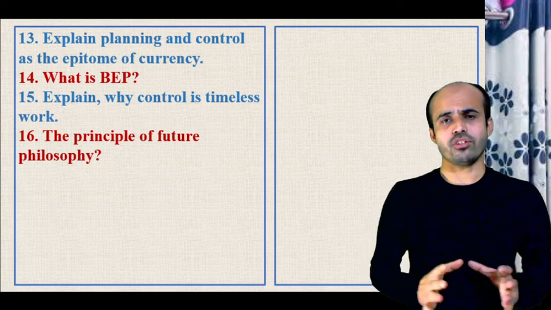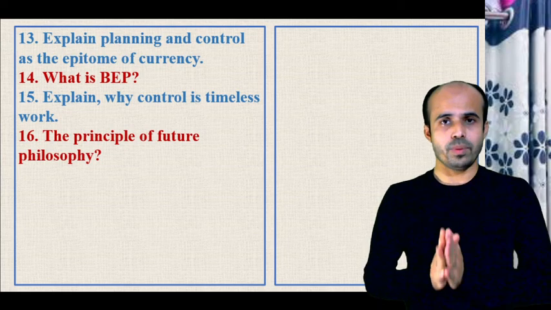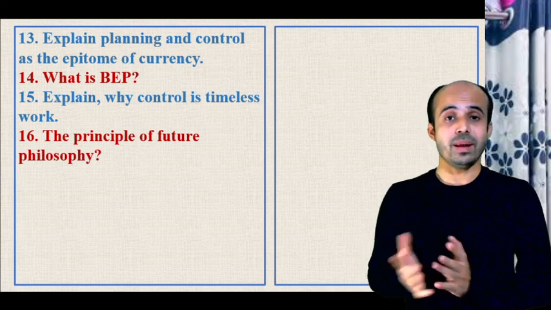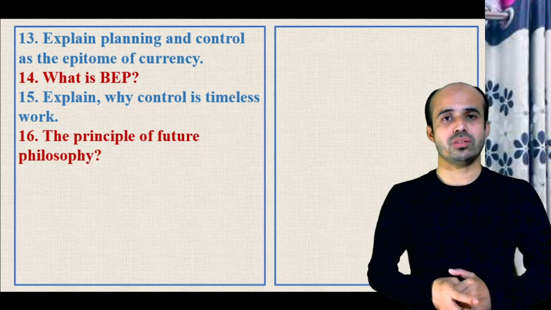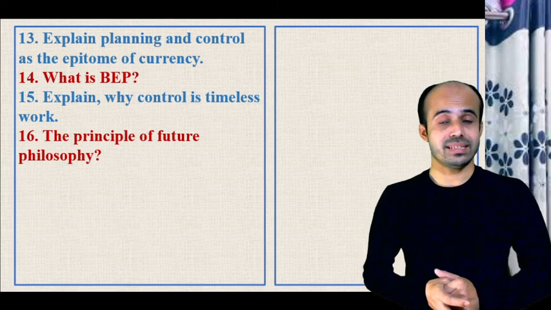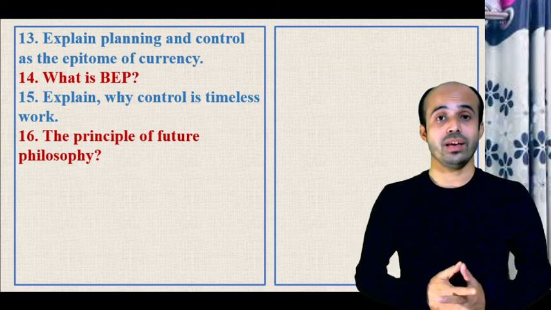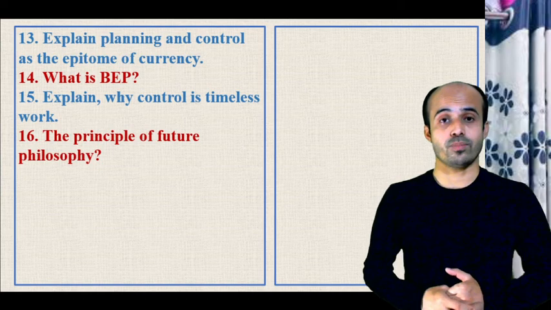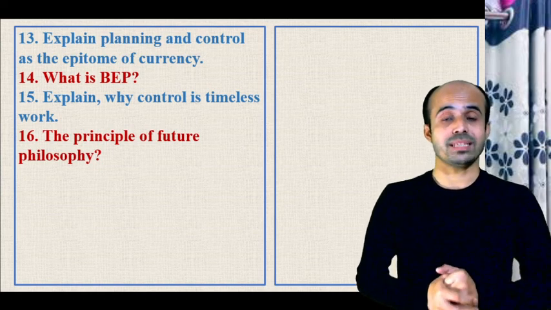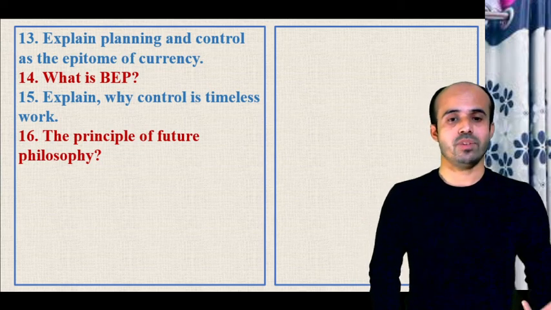The controlling process is done depending on the standard, and when the standard is not met, then we have to think about what will happen in the future, because the next plan will be based on this controlling process. That is why controlling must be based on future philosophy.